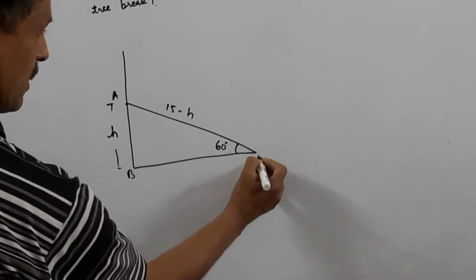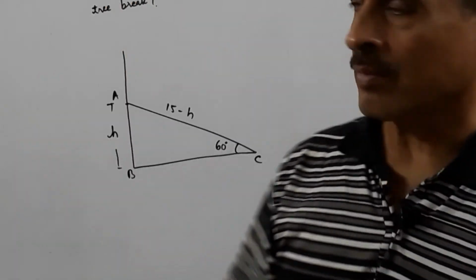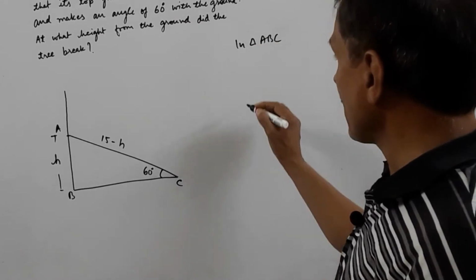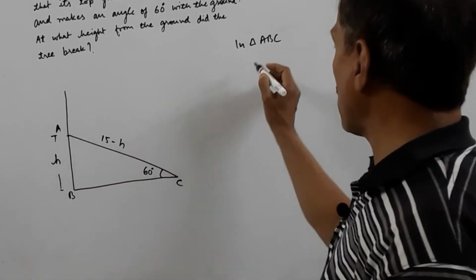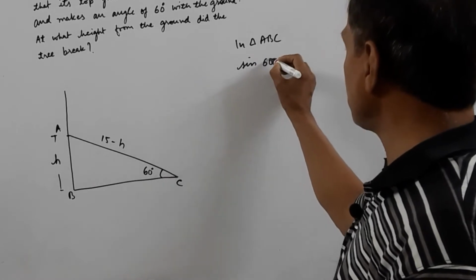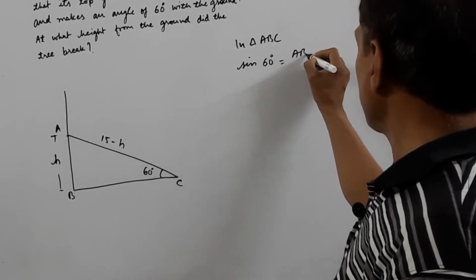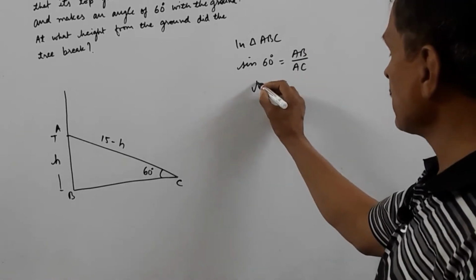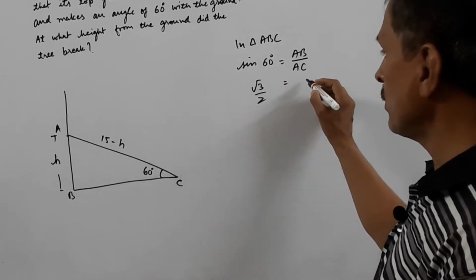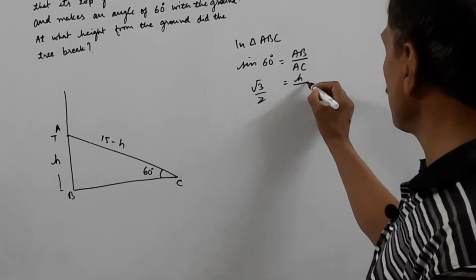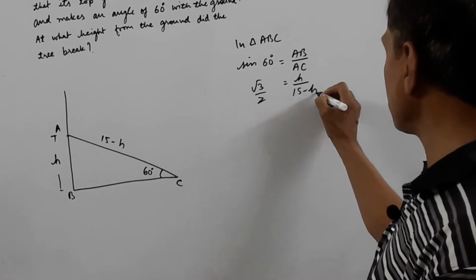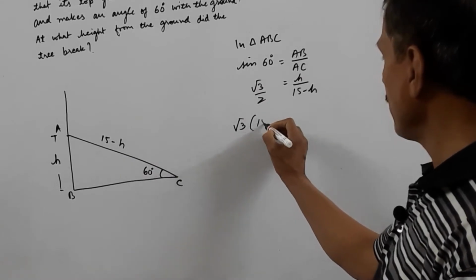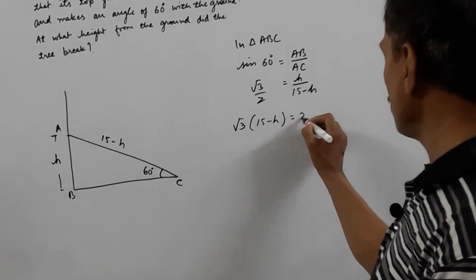Now we consider triangle ABC. In triangle ABC, sin 60 is equal to perpendicular upon hypotenuse. Sin 60 degrees is equal to AB upon AC. This is root 3 upon 2 is equal to h upon 15 minus h. We cross multiply it. So 15 minus h is equal to twice of h.